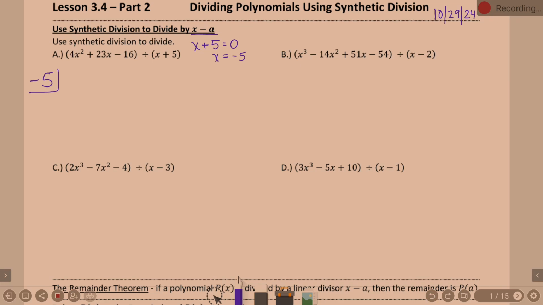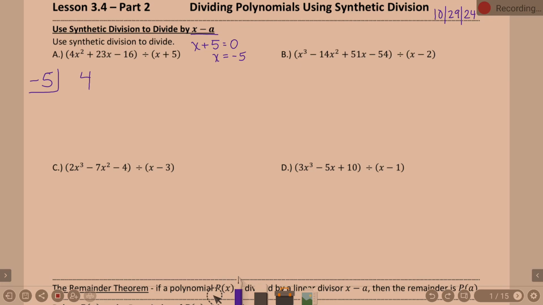Now, beside this, we're going to make a list of numbers, which basically are the coefficients from our dividend here. So the coefficients of 4x squared plus 23x minus 16. The x squared term is going to be represented by 4.